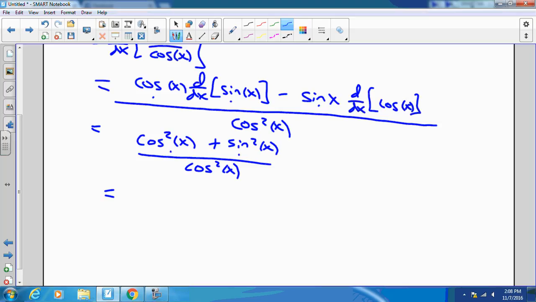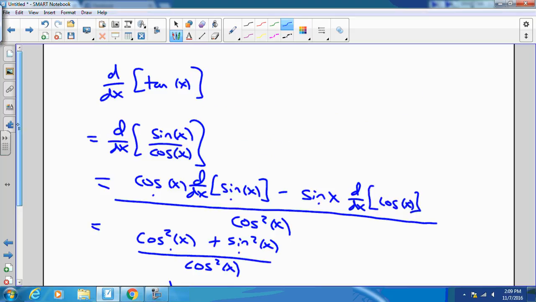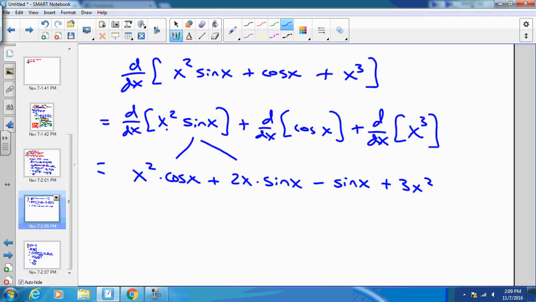Do you see what I see? What is it? Cosine squared x plus sine squared x for every single x. Yes! And this whole thing disappears in a puff of smoke. And we usually write the result as secant squared x. We're going to do all that again tomorrow.